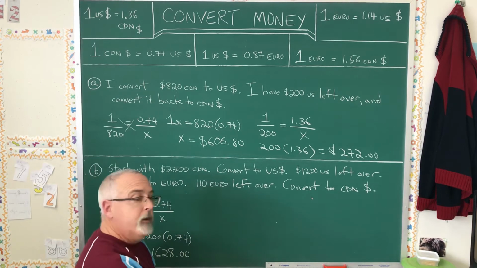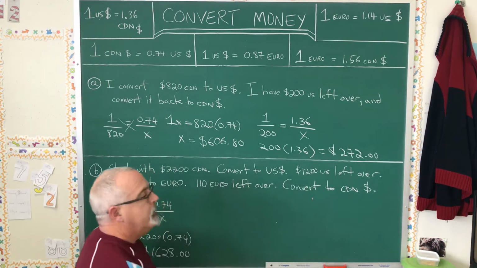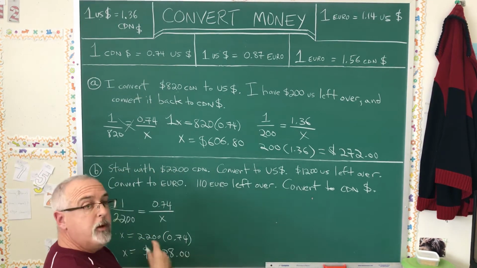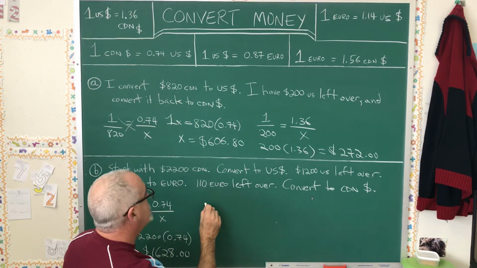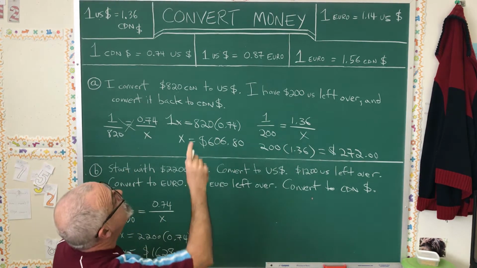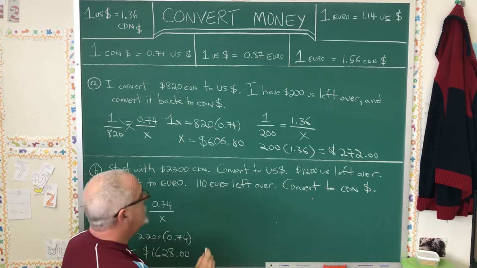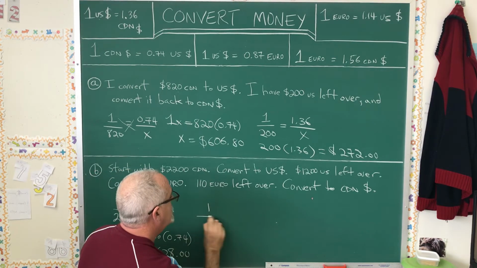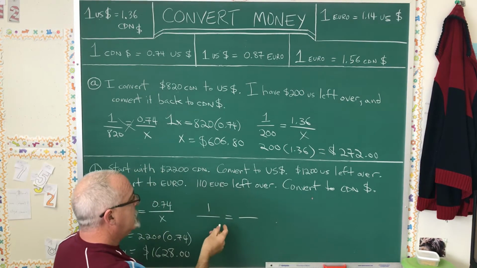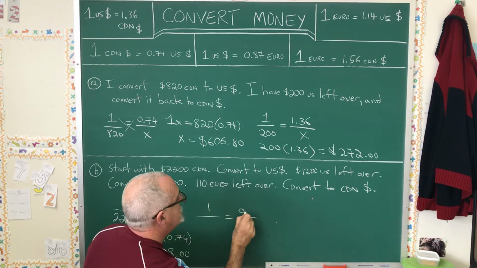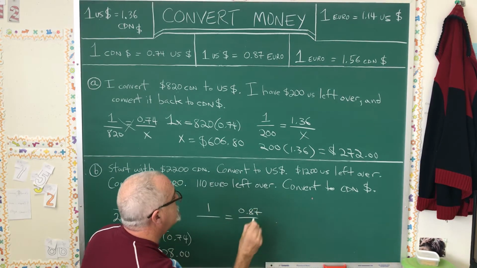Then I spent some of it, and I still have 1,200 US, and I'm going to Europe. I have to do the exchange rate again, but I'm using a different exchange rate. 1 US dollar is equal to 0.87 euros. Putting down my skeleton, 1 US dollar is equal to 0.87 euros.